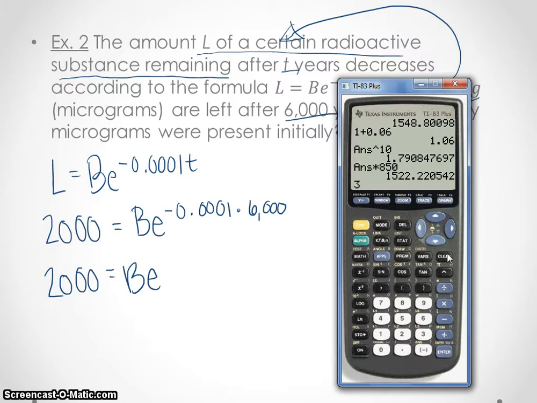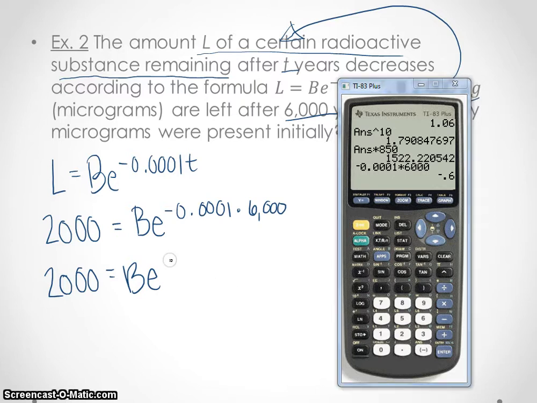Negative 0.0001 times 6,000 here. What do we get? Negative 0.6.